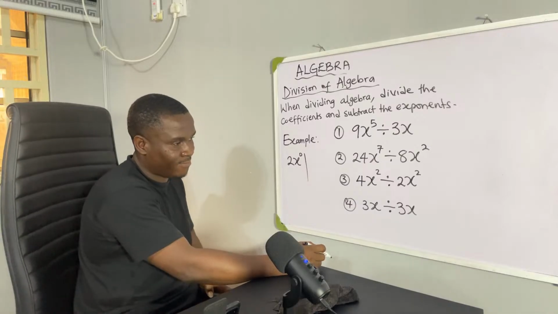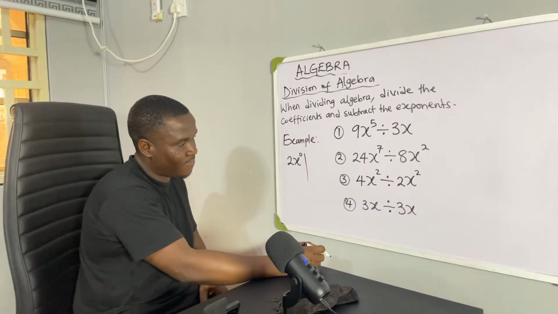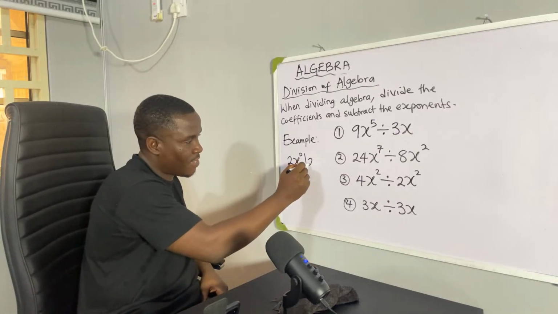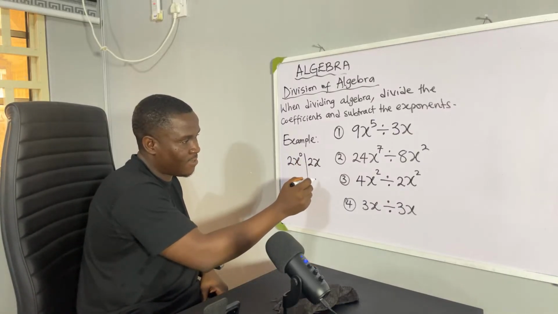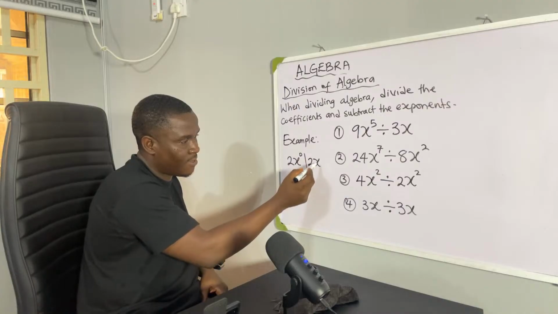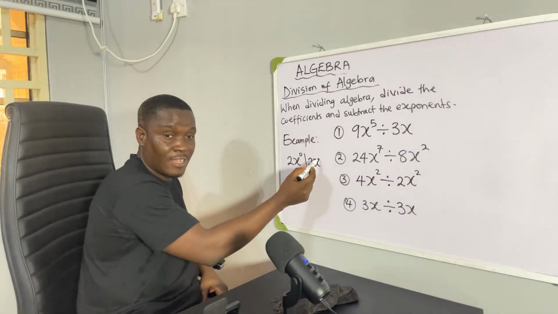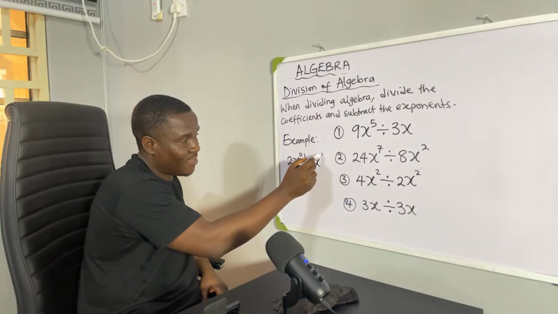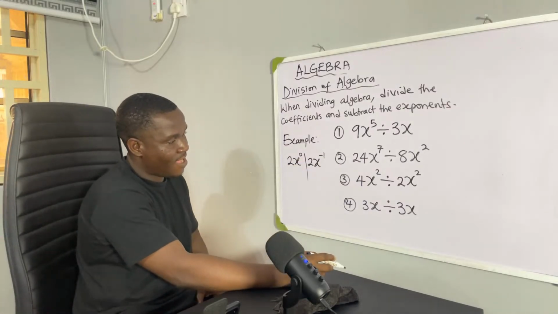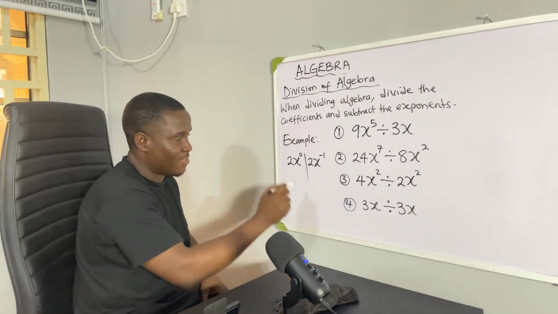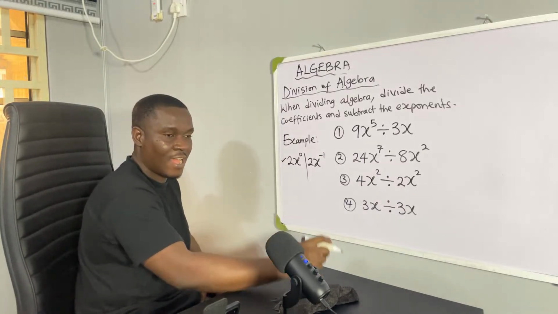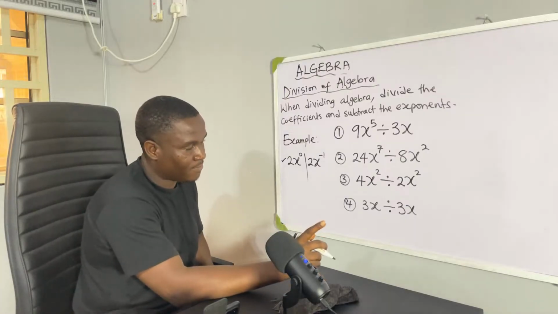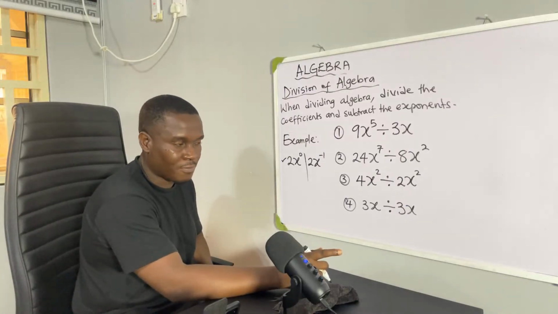Oh, I have 2x minus 1. I should write minus 1 at the top. But that's not the final outcome.